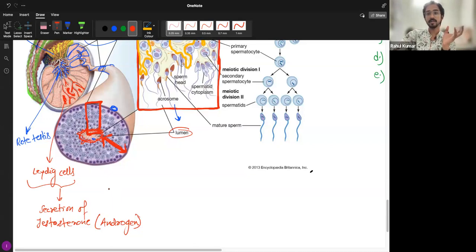Androecium is the male reproductive organ of the flower. It's divided into two parts, anther and filament, and is also called stamen. We call it androecium. Gynoecium is what we call pistil.